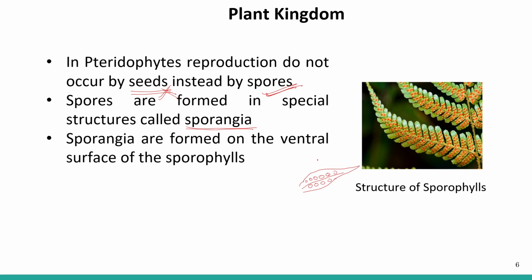So, this whole leaf-like structure which is bearing sporangia is called a sporophyll. Phyll means leaf-like structure and sporo means bearing spores. So, these are the leaves which are bearing spores. Okay. And where are these spores present? In sporangia. The sporangia are placed on the ventral surface of the leaf structure. That is why it is called a sporophyll.